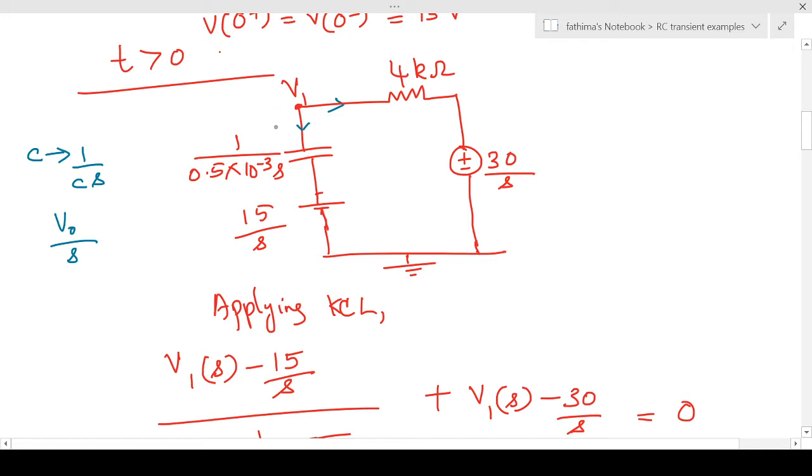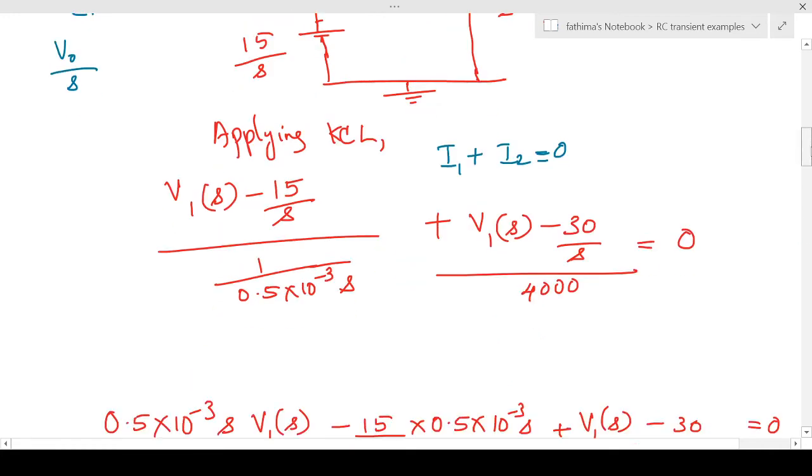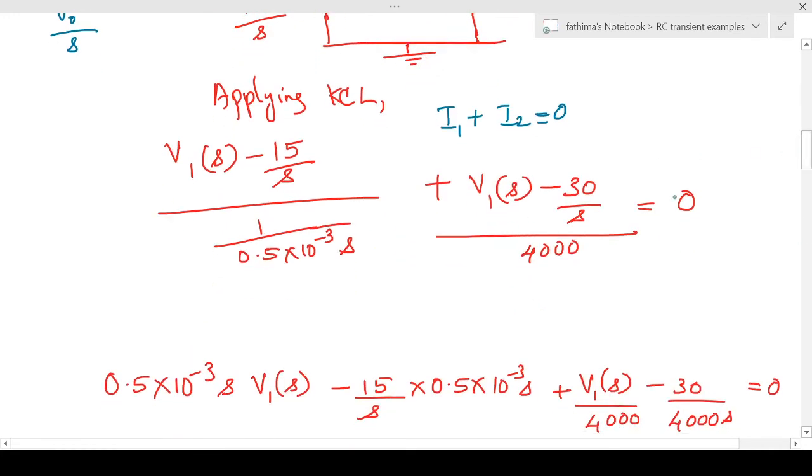If this is I1 and this is I2, we can write I1 plus I2 is equal to 0. So I1 is V1 of S minus 15 by S divided by this value, plus I2 is V1 of S minus 30 by S divided by 4 into 10 raised to 3, or 4000, that is equal to 0.